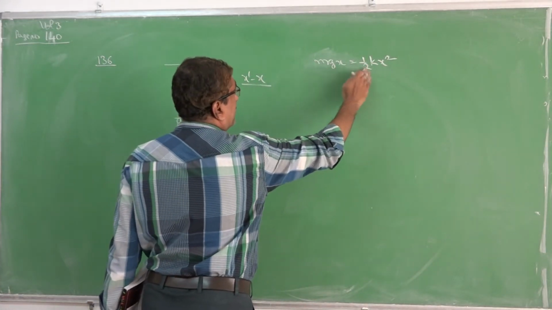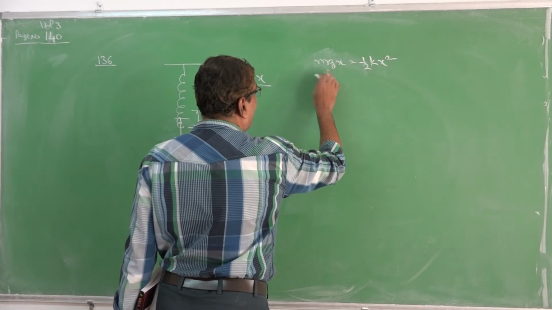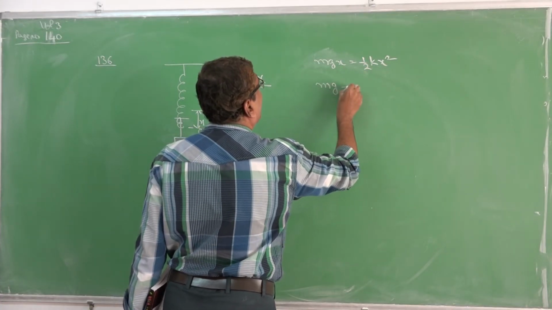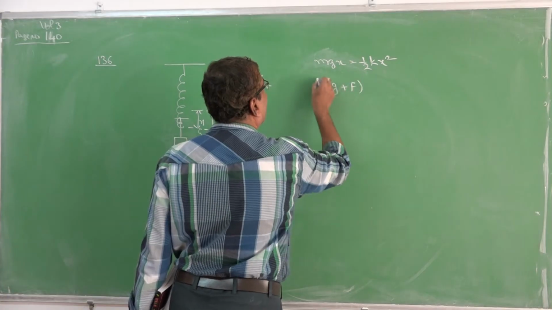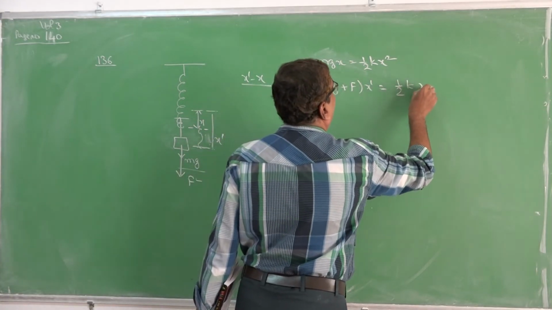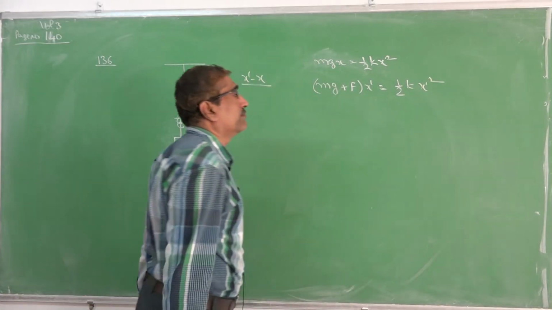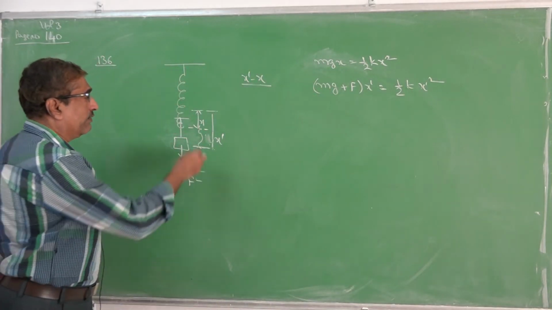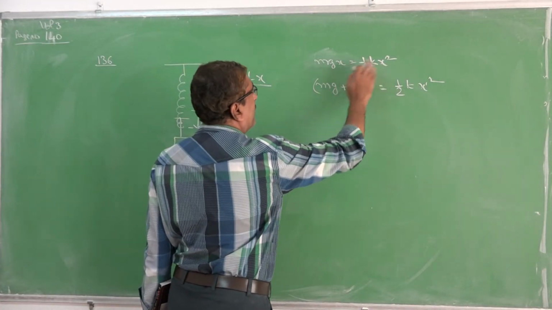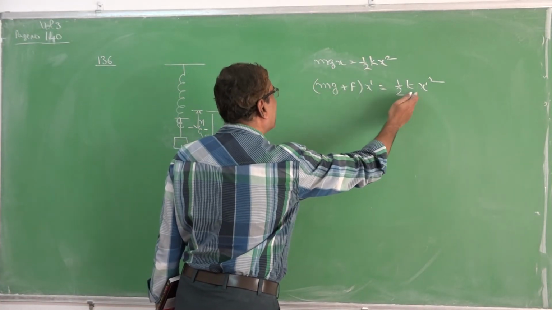Now this is for the first case. For the second case we can write (mg plus F) into x dash is equal to half k x dash square.